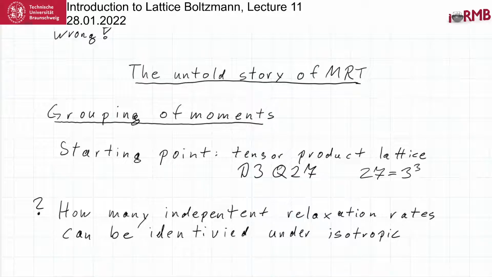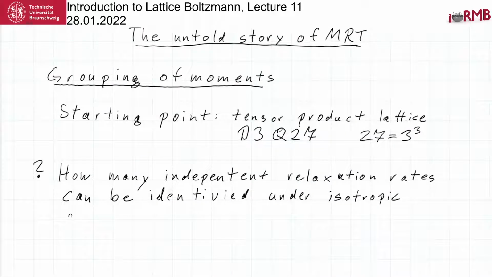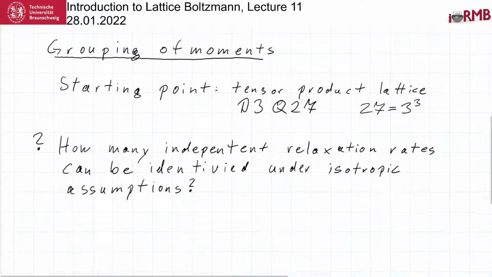The Navier-Stokes equation is an isotropic equation, meaning that it is invariant under rotation of the coordinate system. So our relaxation rates have to respect this, that when we rotate the coordinate system, the equation that we solve doesn't change. Yeah, this is the condition.